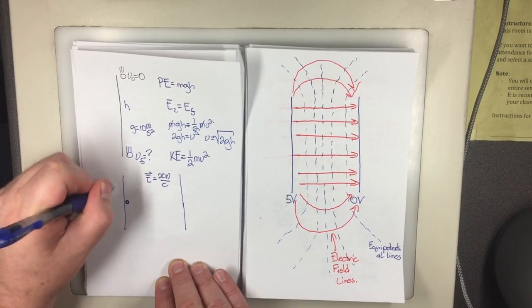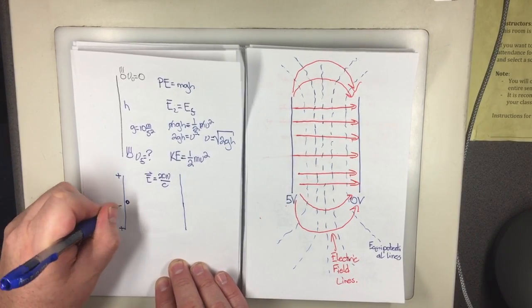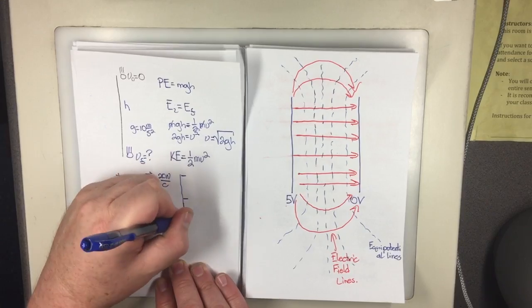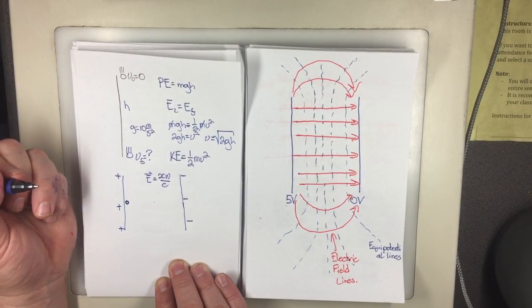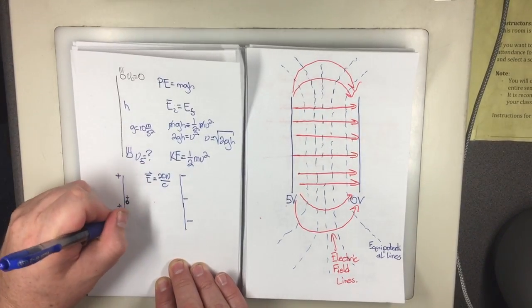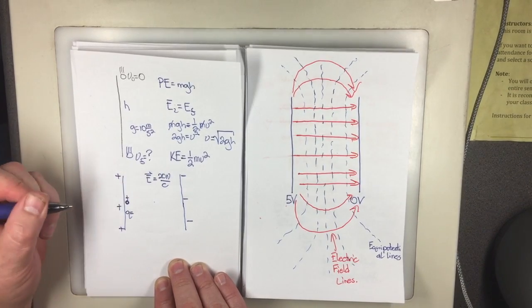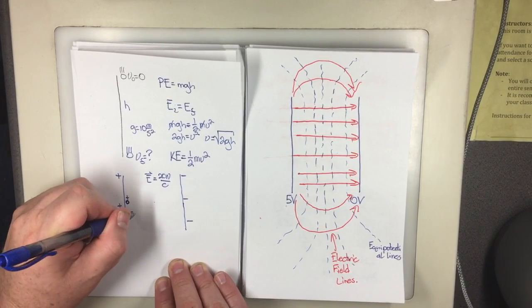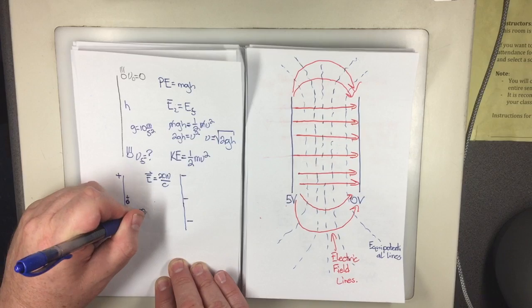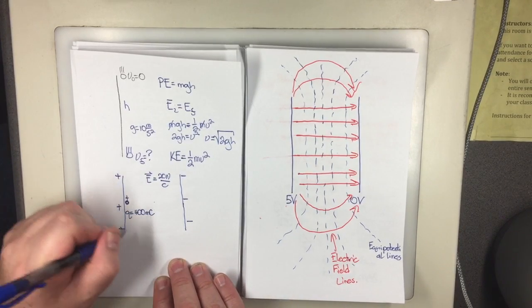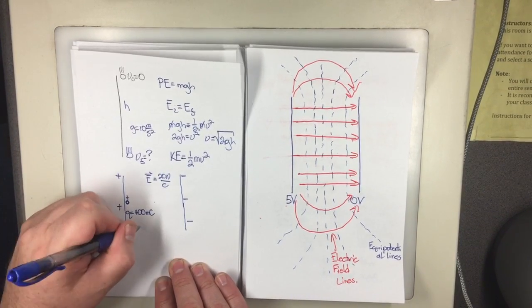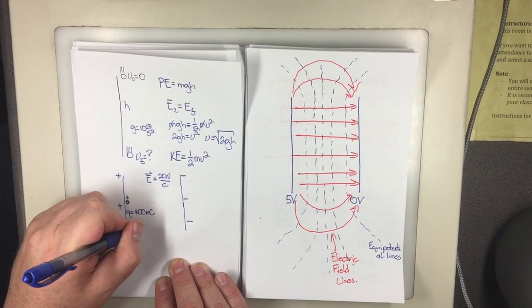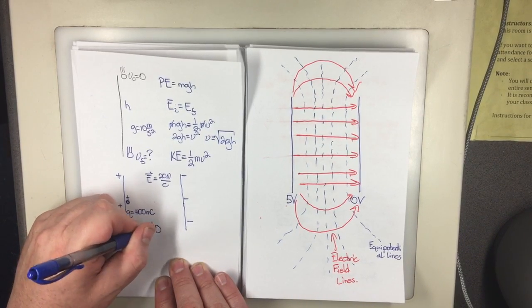This is a positive plate, this is a negative plate. This is a positive charge where the Q is 400 millicoulomb, and I'm going to give it a mass of 0.01 kilograms.